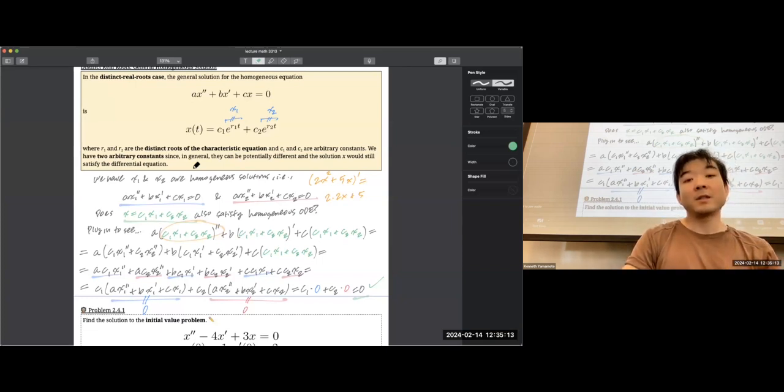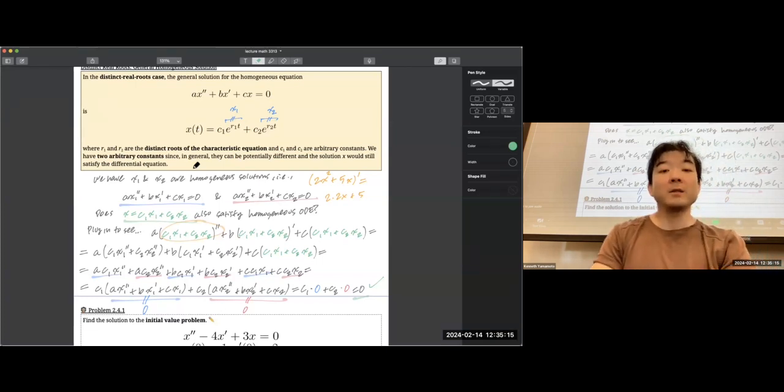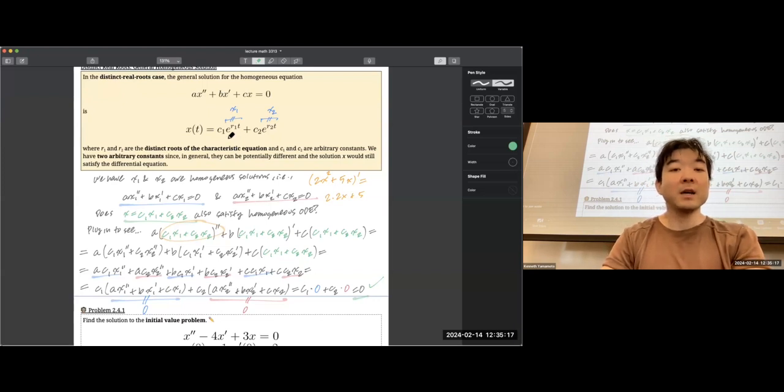And so the most general way to write the homogeneous solution in the second order case is that you get multiple separate homogeneous solutions, but the general homogeneous solution is just going to be the linear combination, or the sum, of both of those. And there was nothing in this analysis that required C1 and C2 to be equal to each other.